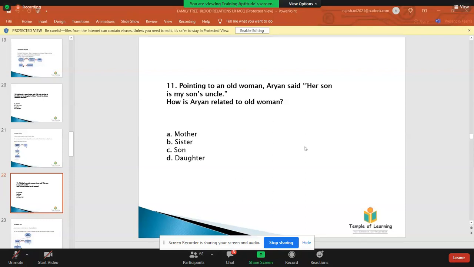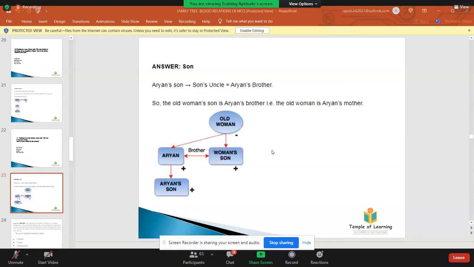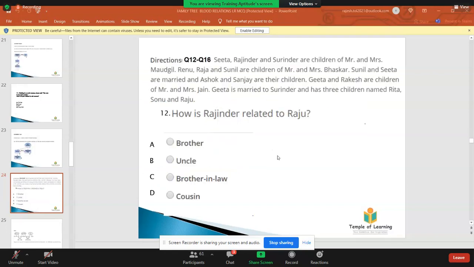Yes, sir. How is Aryan related to the woman? Who's saying son? Yes, son, because Aryan is a guy. There is only one option, of course. The rest are all correct. Because Aryan is a male. Absolutely correct.